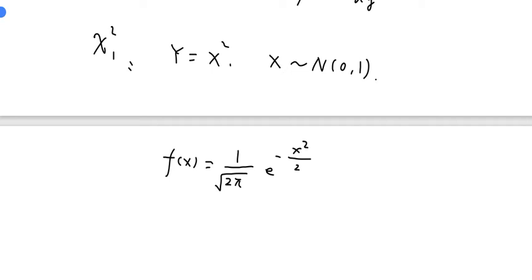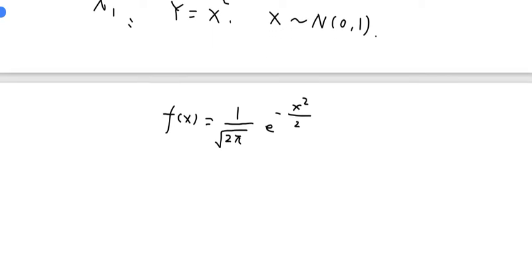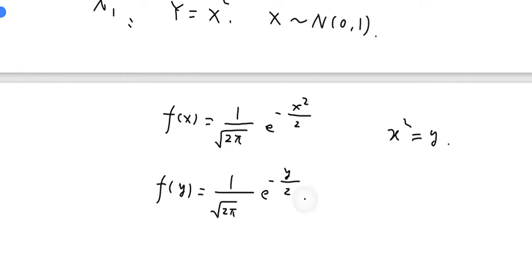So for Y, we just replace x by y: 1 over radical 2 pi, e to the negative y over 2, since x squared equals y. Then we need to multiply by dx over dy.